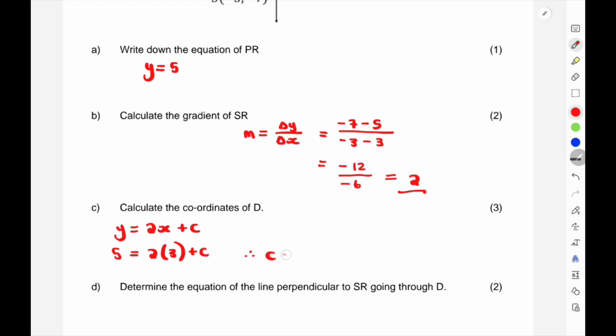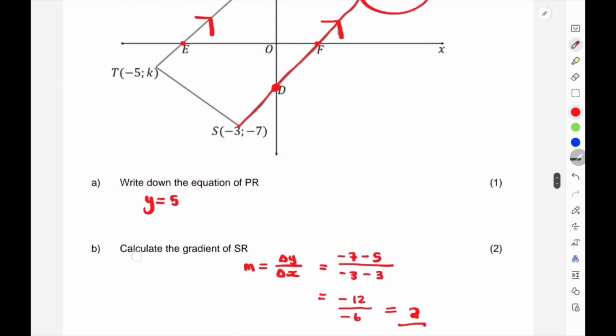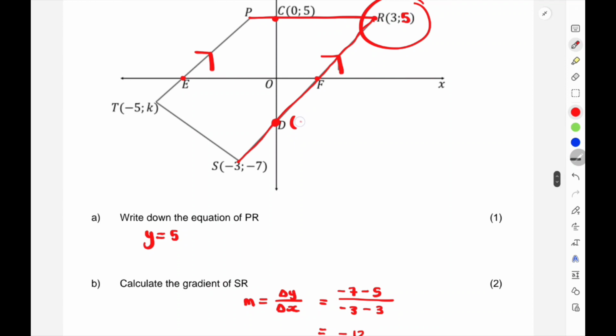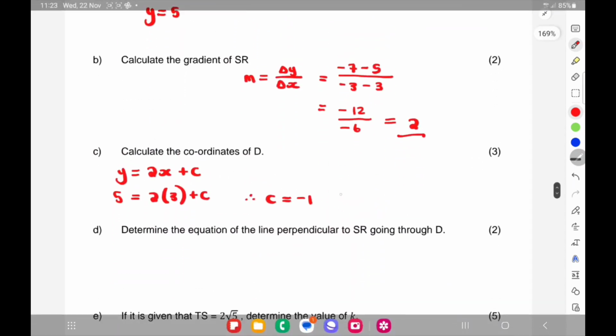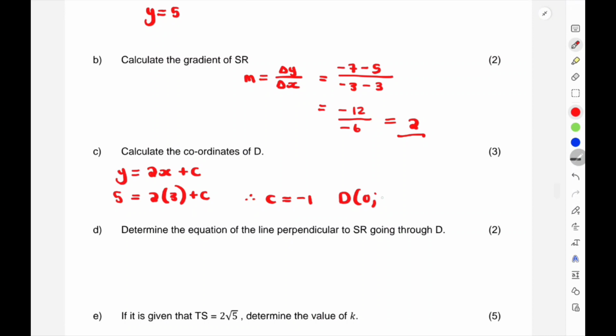Then you can get the y-intercept: 2 times 3 is 6, and 5 minus 6 gives you negative 1. Does it make sense that D is negative 1? Yes, it does, but remember, it's not drawn to scale. They told me to calculate the coordinate of D, so very important: always go back to your question and make sure that you've answered it.